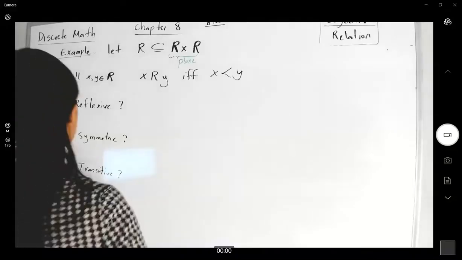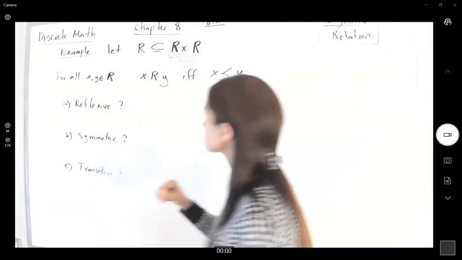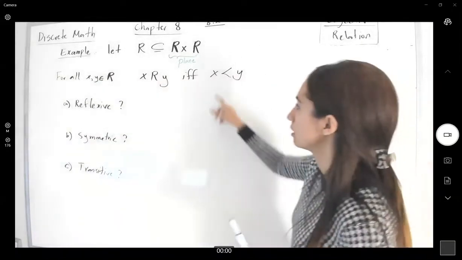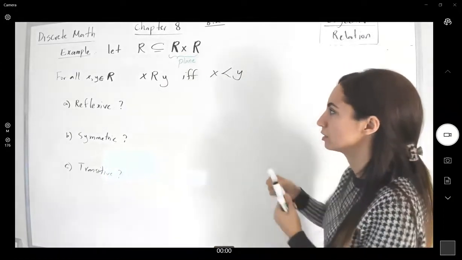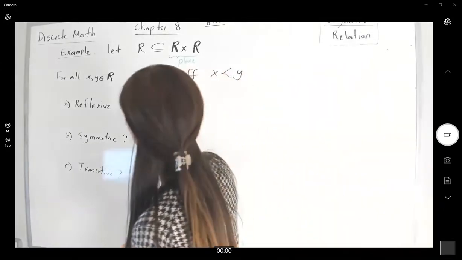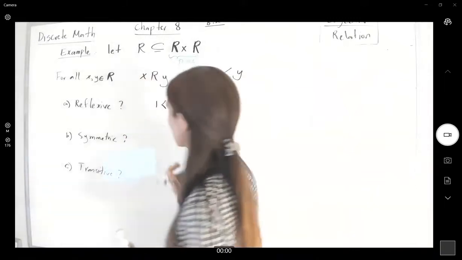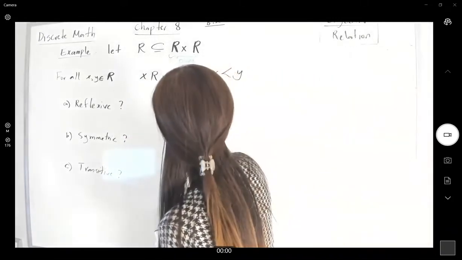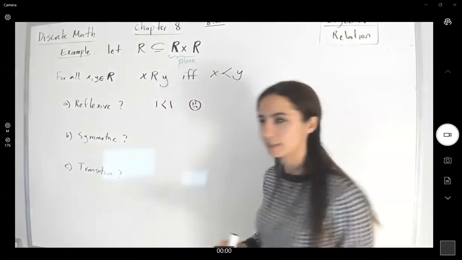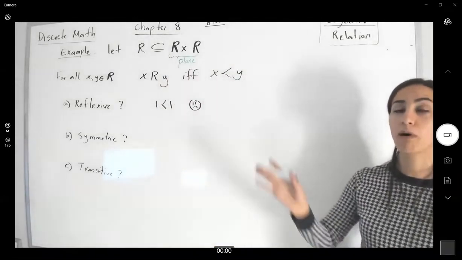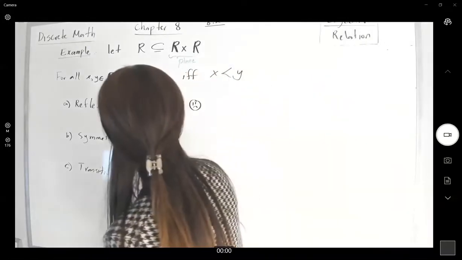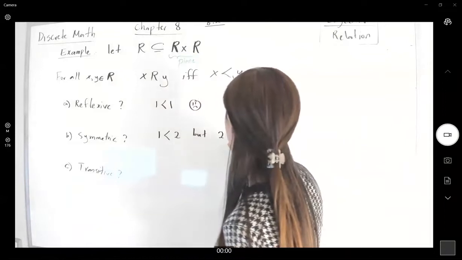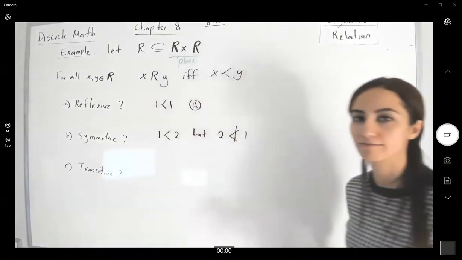Here we go. So, is this reflexive? Remember the definition of being reflexive. Take 1, for example. Can we say that 1 is less than 1? Is it true? Of course not. So, not reflexive. Is this symmetric? Take 1 and 2. 1 is less than 2, but 2 is not less than 1.